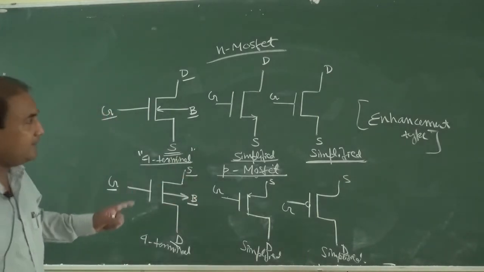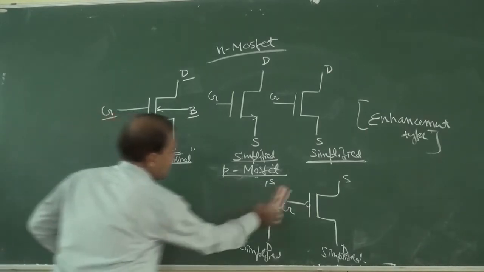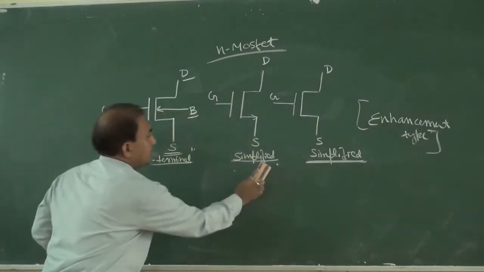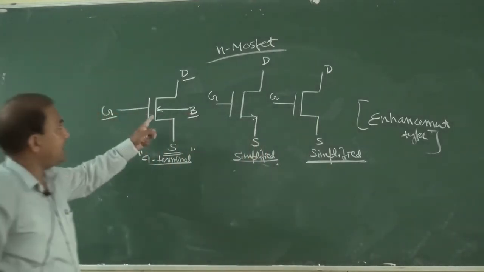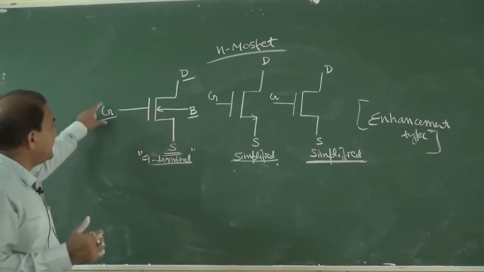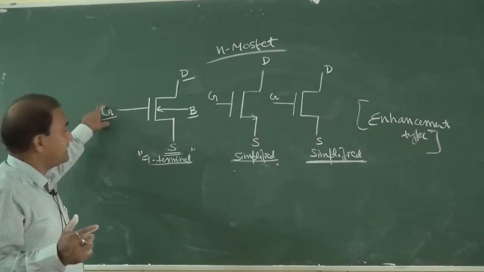Then the main difference between enhancement type and depletion type is that in case of enhancement type, the channel has to be created by the application of voltage at the gate terminal.